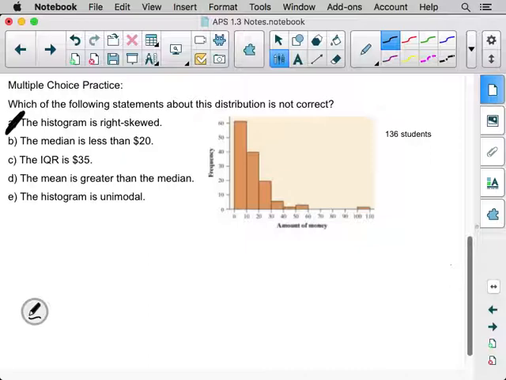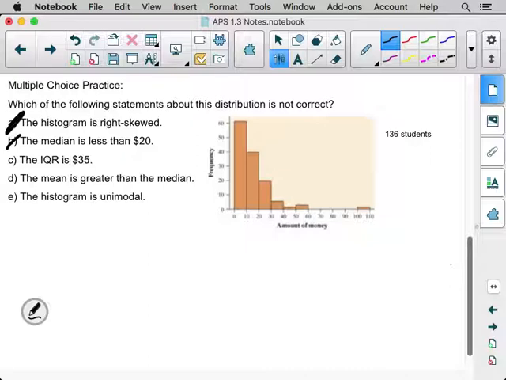B, the median is less than 20. True. If we take this 136 divided by 2, that would give us 118. And I think the median is actually... whoa, what am I saying? Oh my gosh. No, it would be... yeah. So yes, I'd say that is true.